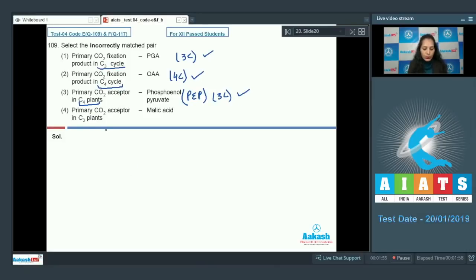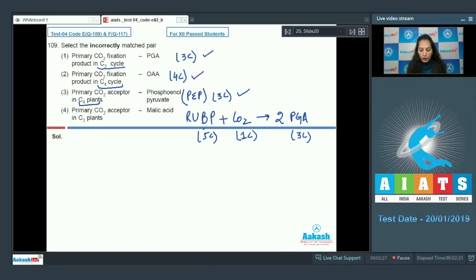Fourth, primary CO2 acceptor in C3 plants. During CO2 fixation, the primary CO2 acceptor in C3 plants is a 5-carbon compound, and that is RuBP. It combines with the CO2 which has a single carbon, and then it gives you 2 molecules of PGA, which is a 3-carbon compound.